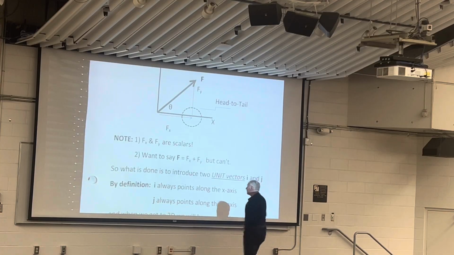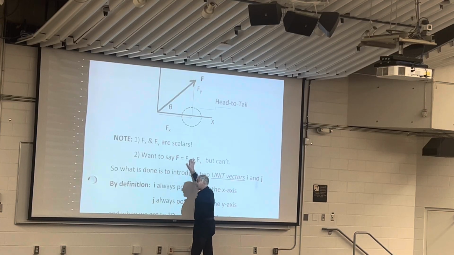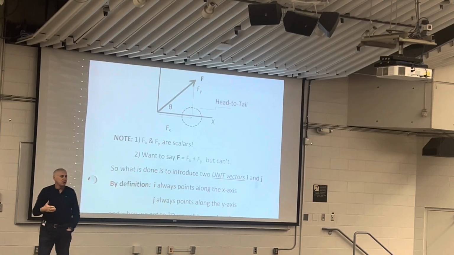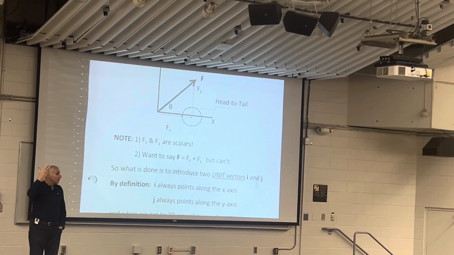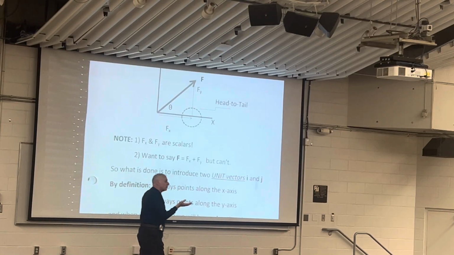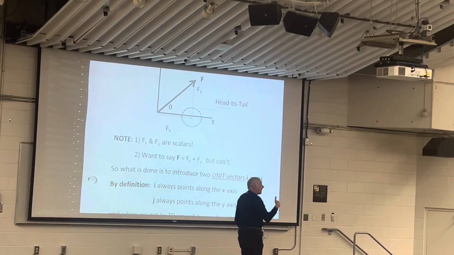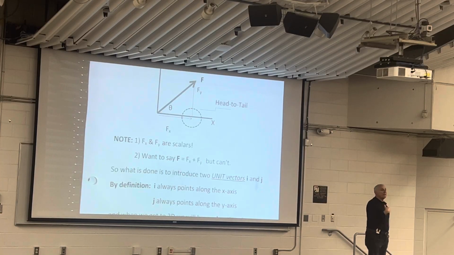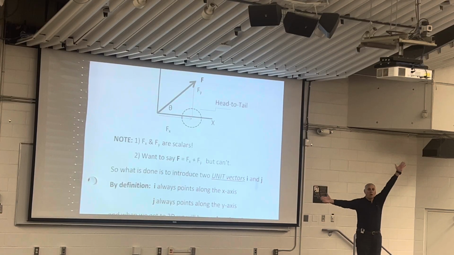So what I have here is vector equals scalars. Well, I can't make that equal sign. So what do? Ingenious part of us says, I got to make it vectors. Let's multiply fx and fy by a vector. A vector along the x and along the y.